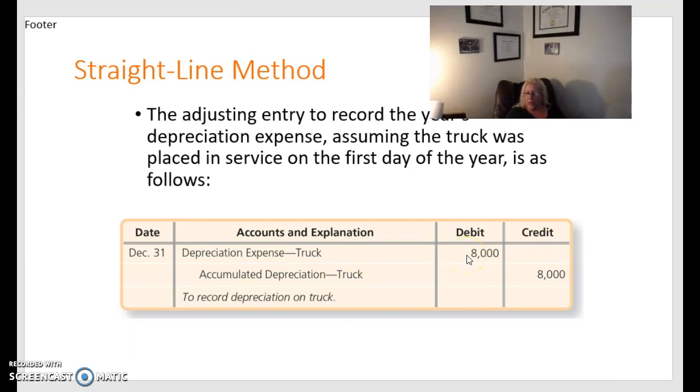Expenses increase with a debit. And then accumulated depreciation, which is a contra asset account, basically subtracts from the asset. So here we have a credit of $8,000. And this is to record the depreciation on a truck.